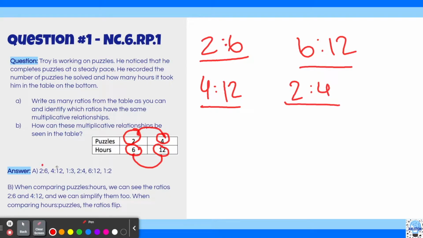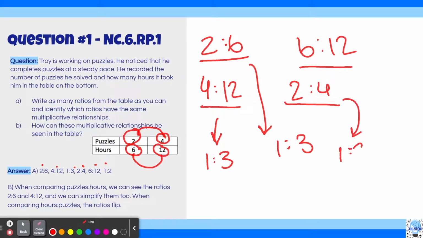But if you can tell, there's actually 6 total. So what does that mean? We can actually simplify these ratios. So 4 to 12 is actually 1 to 3. And 2 to 6 is also 1 to 3. 2 to 4 is 1 to 2.